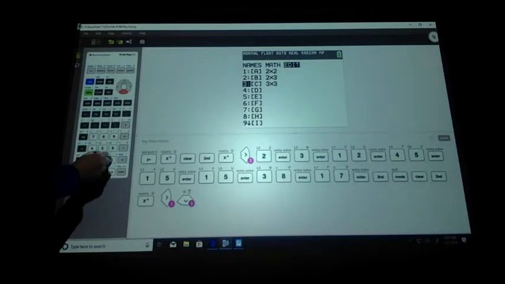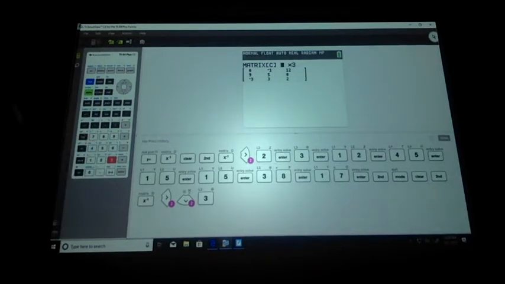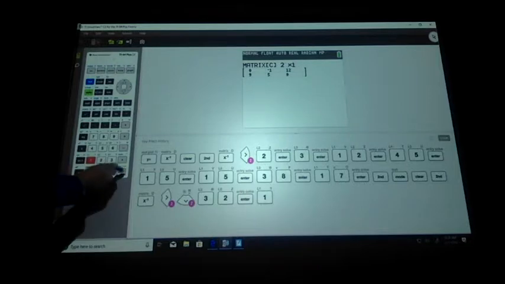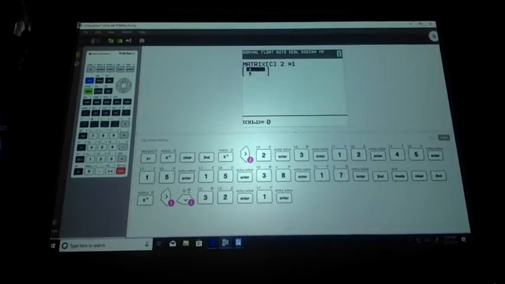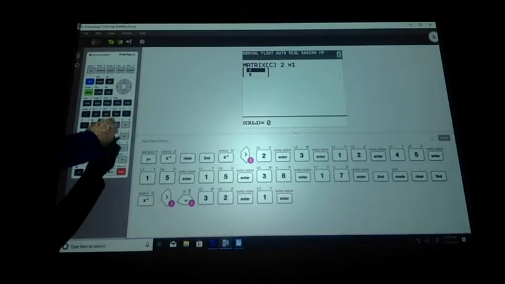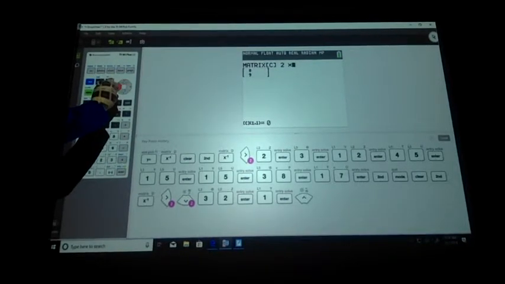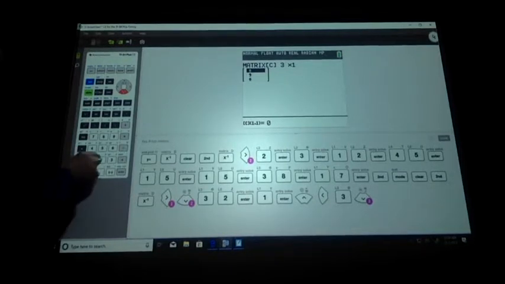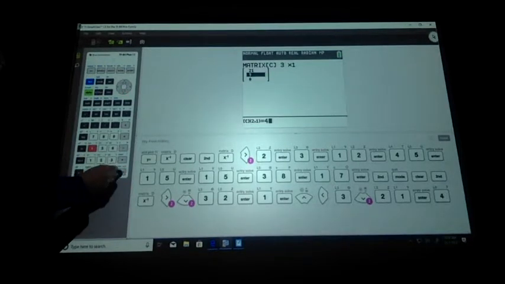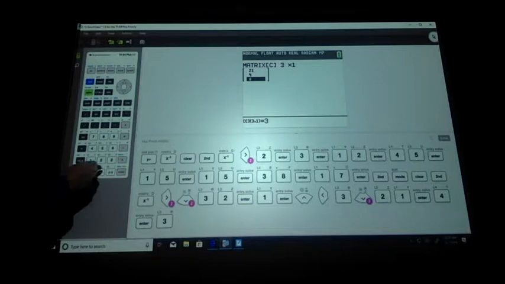Okay. This one will make our 2x1. And then it should be a 3x1, isn't it? I'm sorry, I am off today. And then 21, 4, and 30.